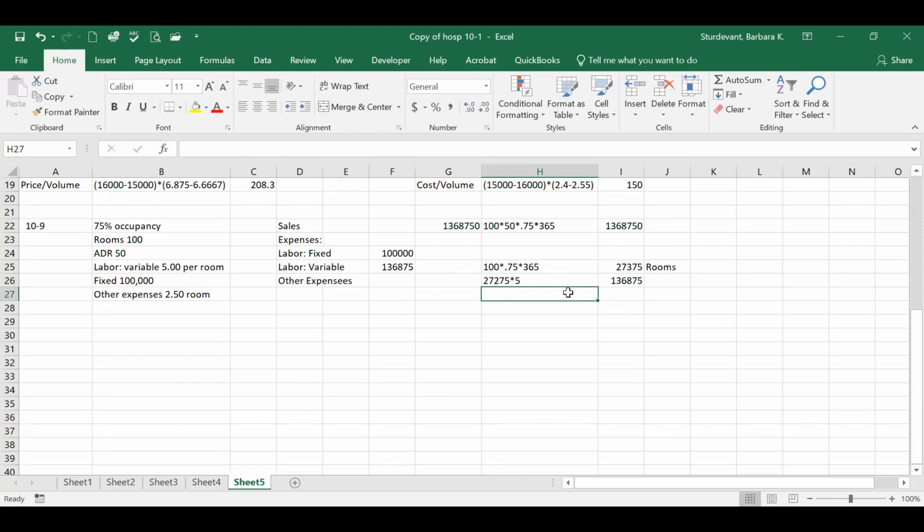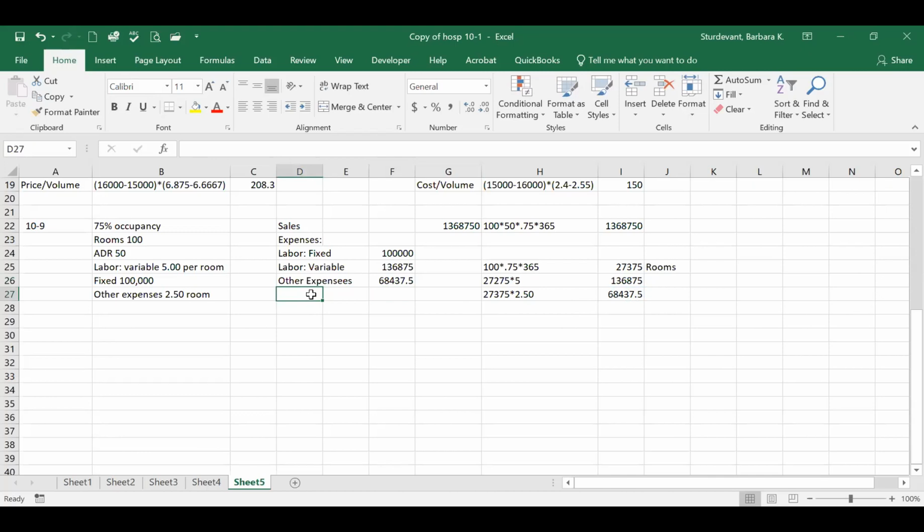But now you're going to take the 27,375 times 2.5 to get your other expenses. Okay, and that's all we have.